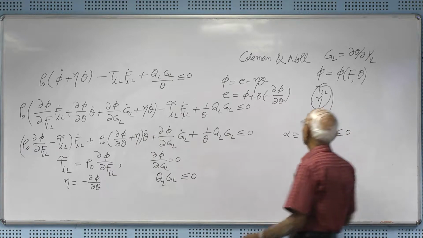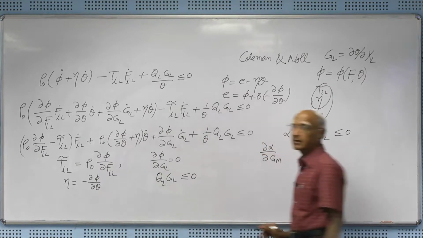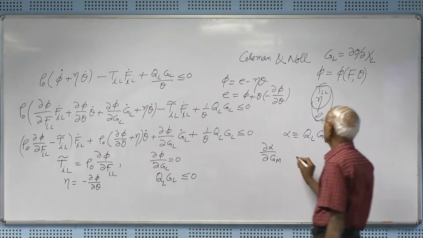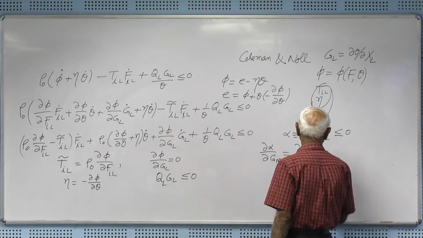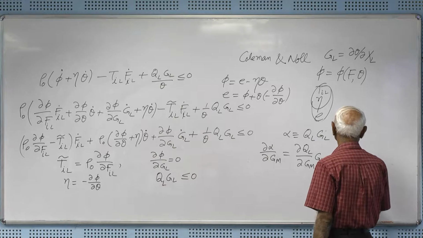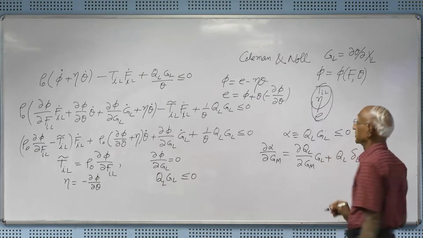So first thing is the derivative of this with respect to the temperature gradient, which is delta QL over delta GM GL plus QL delta LM, should be less than or equal to 0.